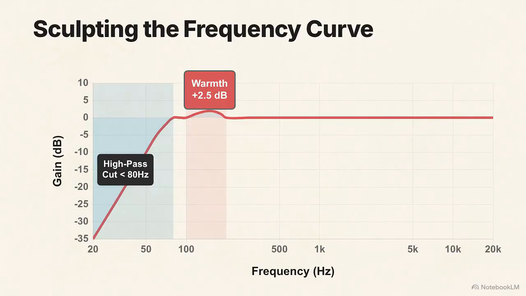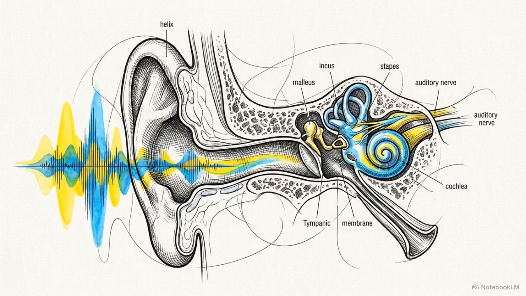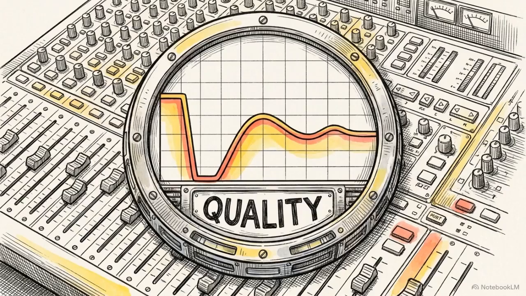To add weight and warmth, raise the frequencies between 100 and 200 Hz by 2 to 3 decibels. Finally, raise the 3000 to 5000 Hz range by 1 decibel, ensuring the words cut clearly through your background music. The perception of authority in a narrator's voice is largely a manufactured acoustic illusion, achievable through this specific EQ curve.